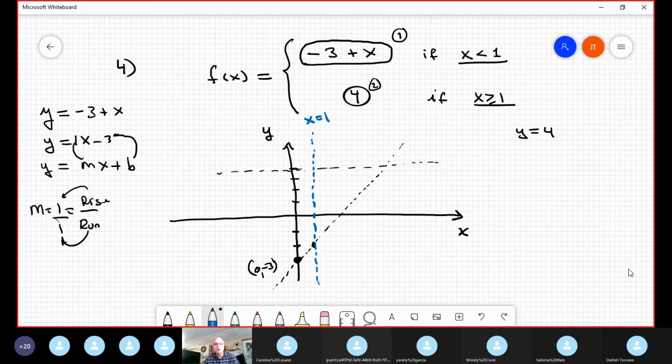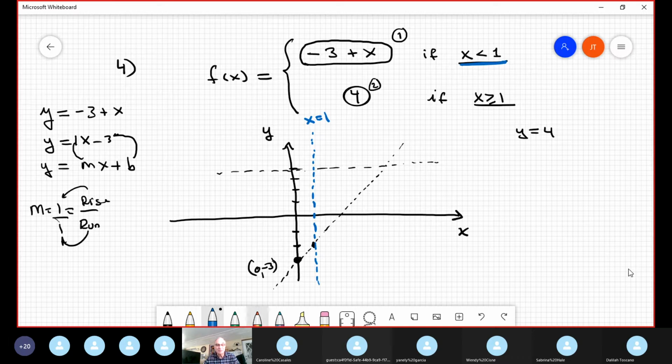Before 1, less than 1, the expression 1 is valid, which is a line, the oblique line. And after 1, to the right, the constant function is valid, y equals 4, the horizontal line.